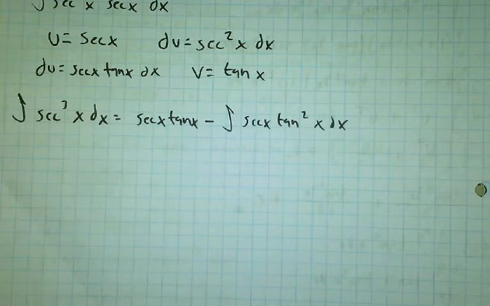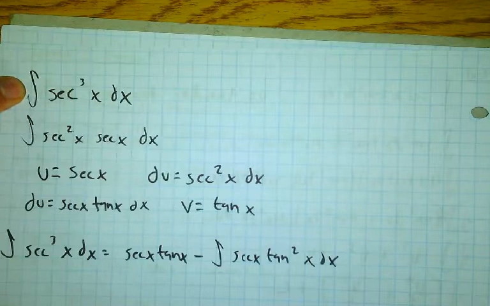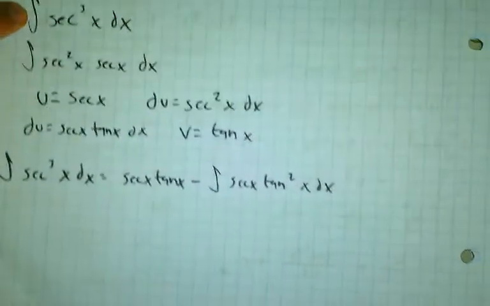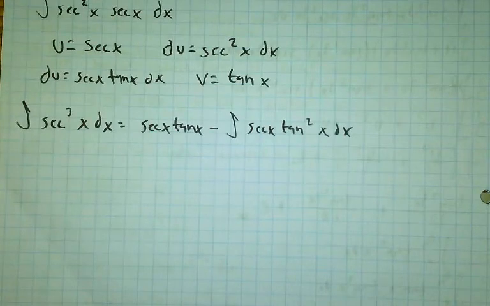Because if we turn that into secant square minus 1, wouldn't that turn into then secant cubed minus secant? And then what's the integral of secant cubed? Aren't we then back to that? Right? So then, yes sir? I'm sorry?